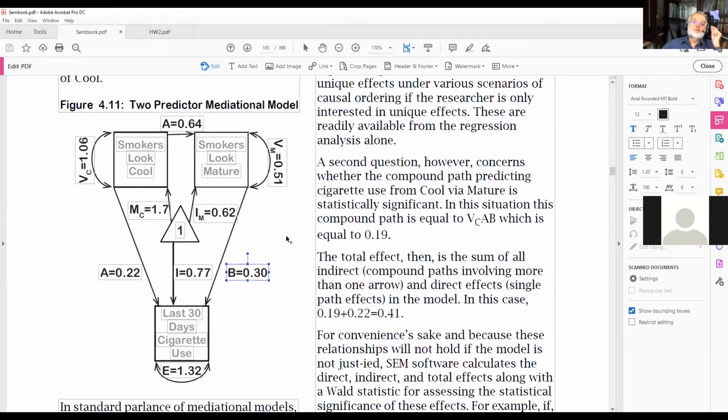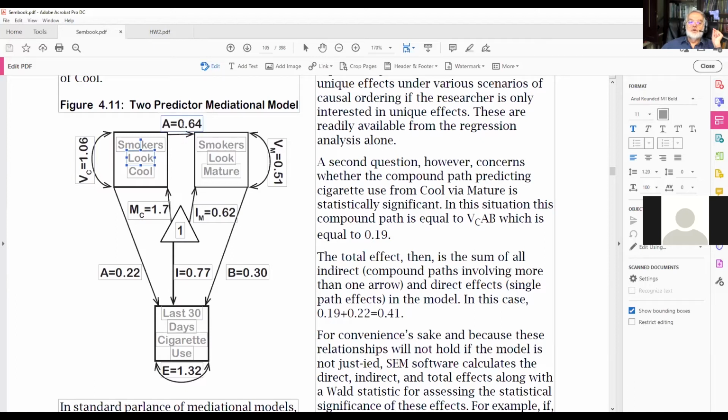Well, what is an indirect effect, first of all? This coefficient down here is a unique effect. It is how Smokers look cool affects the criterion directly. A compound path coefficient that involves another variable is an indirect effect.